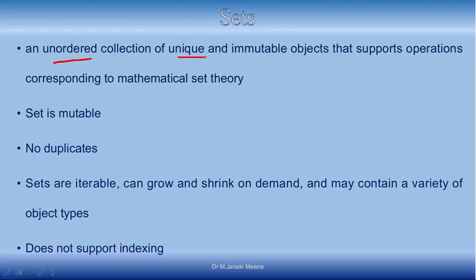This set is equivalent to the set we learned in higher secondary school, or in your 6th or 7th standard, where you will not have duplicates. So, here also you will have only a unique set of elements, and the important thing is you can have only immutable objects.